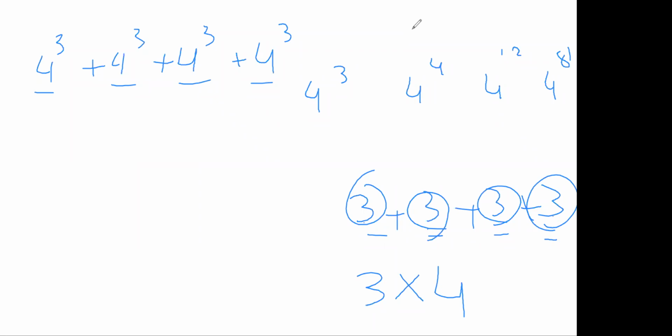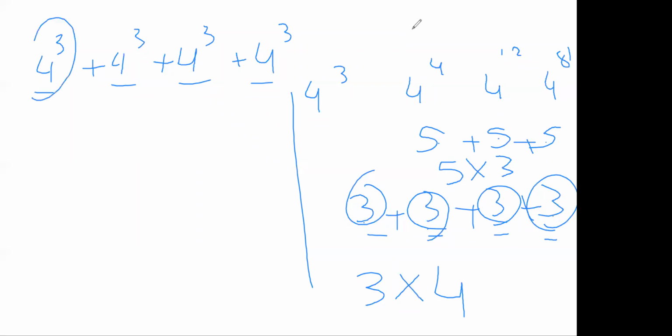And if it is 5 plus 5 plus 5, the number is 5, repeated 3 times. So instead of writing 5 plus 5 plus 5, I will say it is equal to 5 times 3. Here the same. في عندي number plus number plus number, the same number. Which number is repeated? 4 power 3. How many times is it repeated?